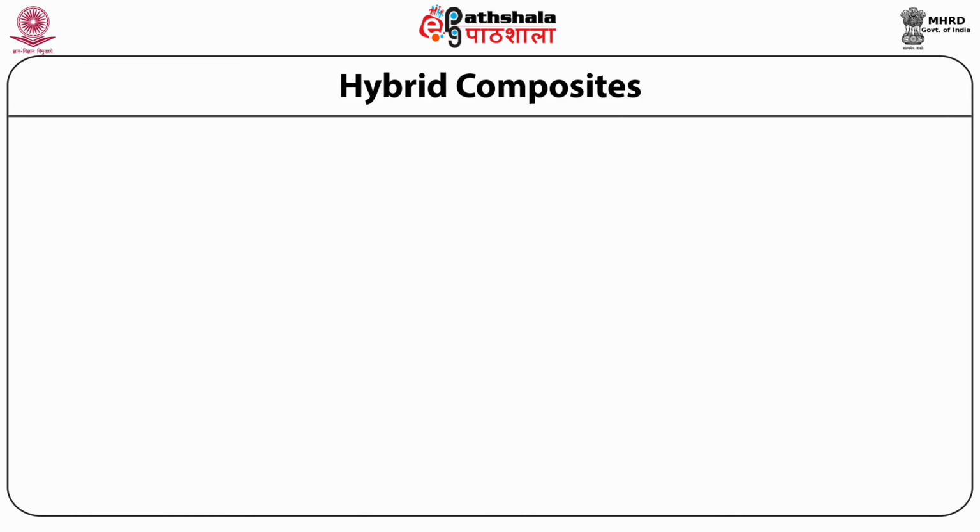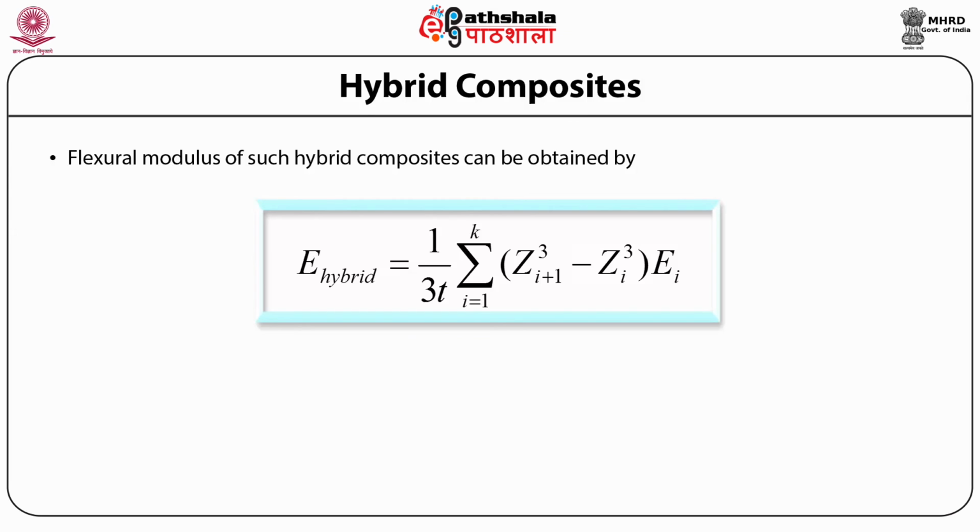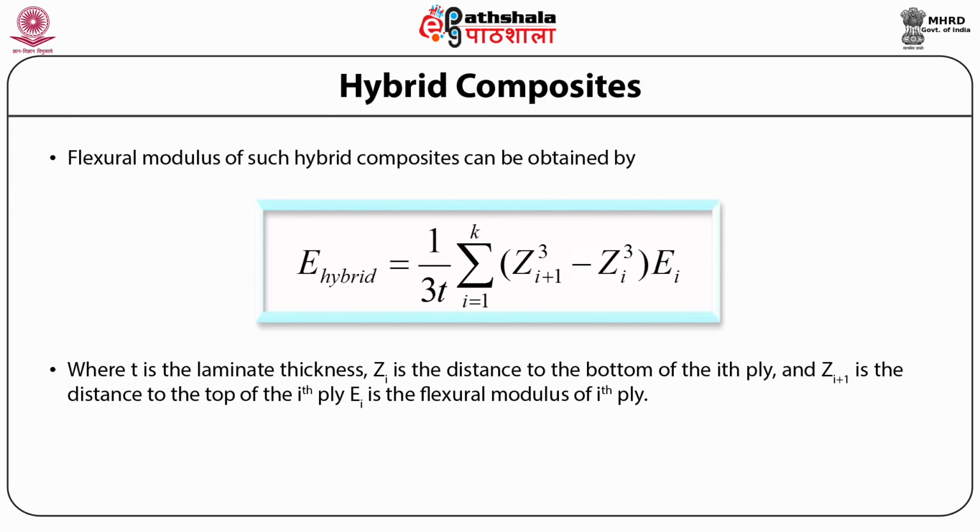Hybrid composites. Flexural modulus of such hybrid composites can be obtained by E hybrid is equal to 1 by 3t multiplied by summation over i equal to 1 to k, bracket z i plus 1 to the power of 3 minus zi to the power of 3 bracket close, the whole multiplied by Ei, where t is the laminate thickness, zi is the distance to the bottom of the ith ply, and zi plus 1 is the distance to the top of the ith ply.